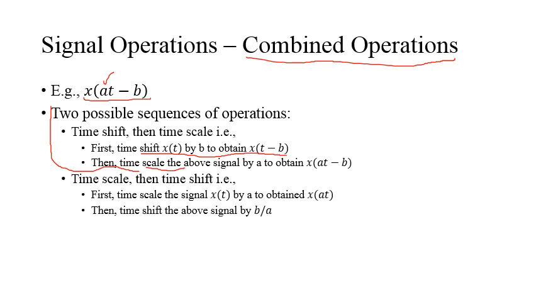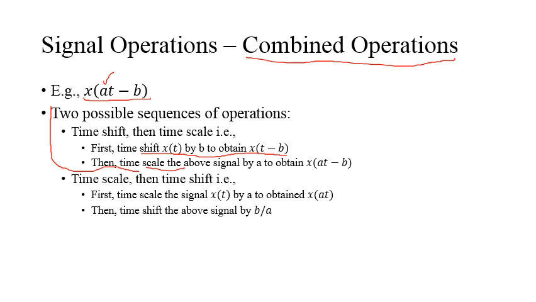So that means we shift the signal. We have the original signal x of t. First of all, we will shift the signal by an amount of b, and after shifting the signal by b, we will scale the resulting signal by the scale of a. So this is how we obtain it. And you understand the shifting.